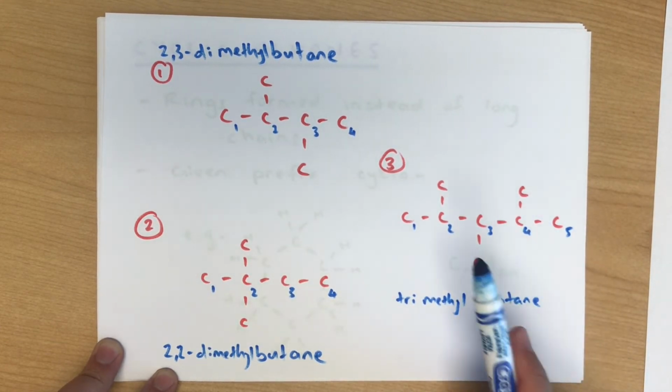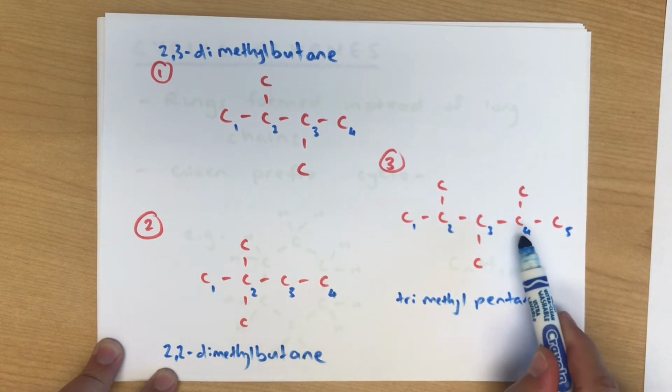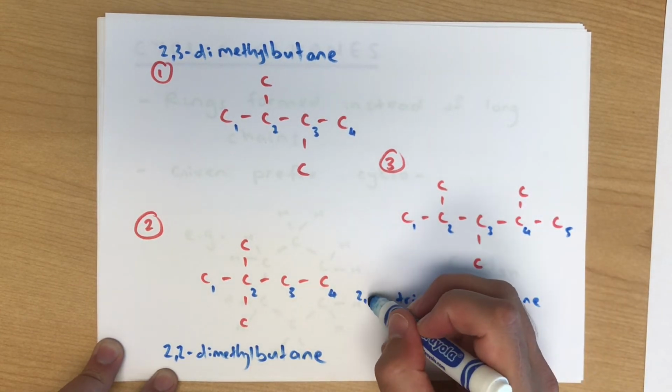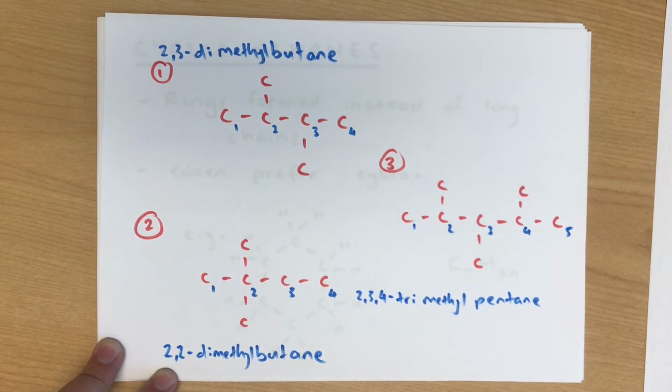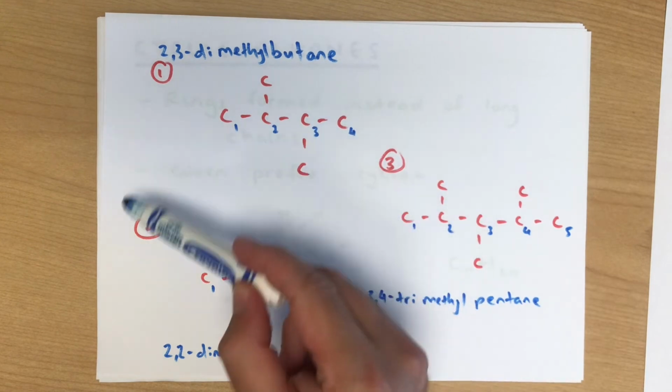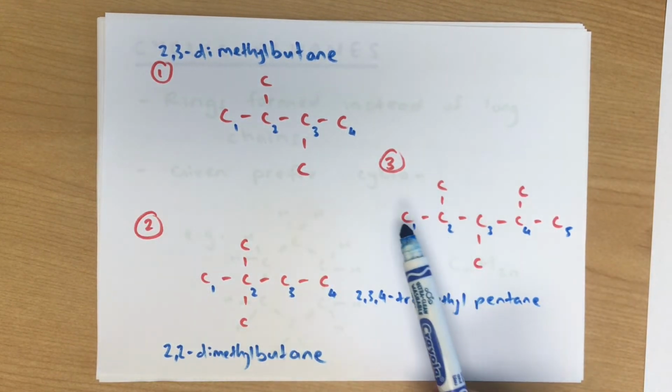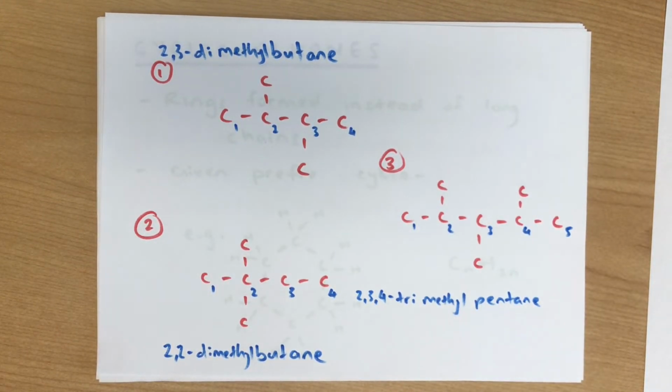And what numbers are they on? 1 is on 2, 1 is on 3, 1 is on 4. So 2, 3, 4, trimethyl pentane would be the name for this molecule. Again, all the hydrogens should be around the molecules to make every carbon have 4 bonds, but I've kept them off just to keep this picture a little simpler.